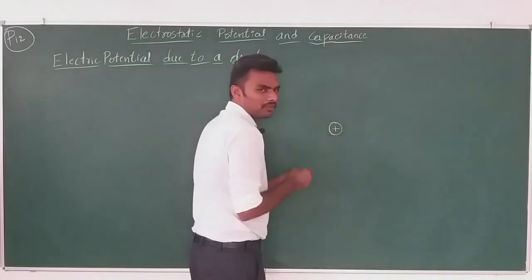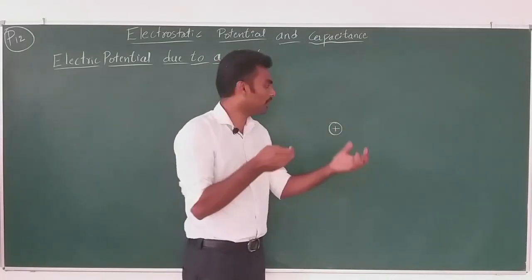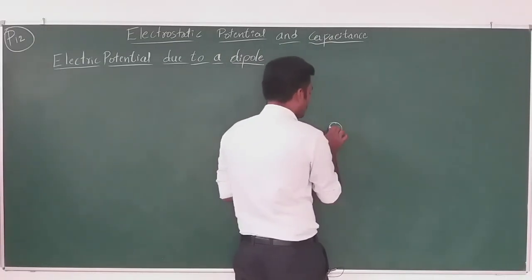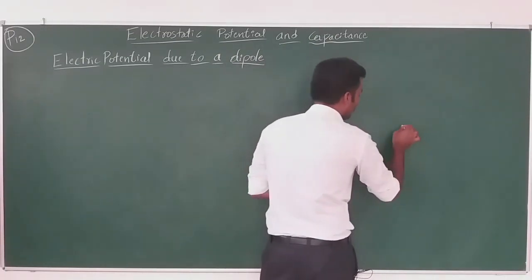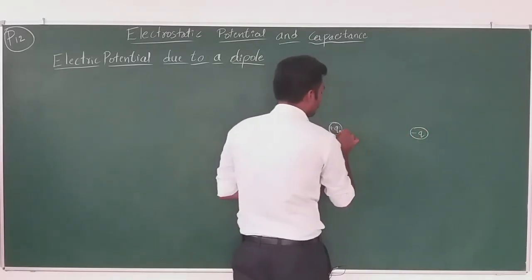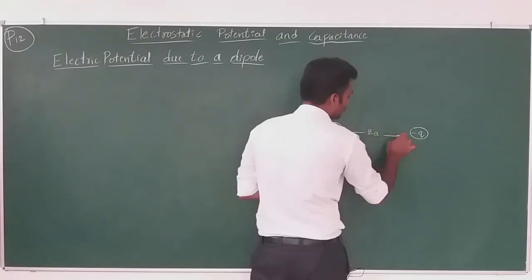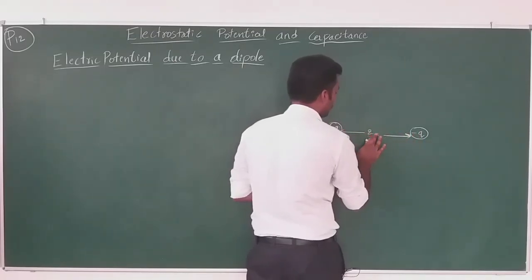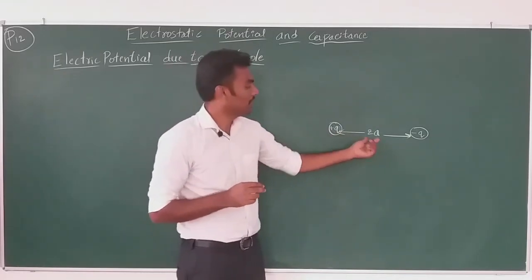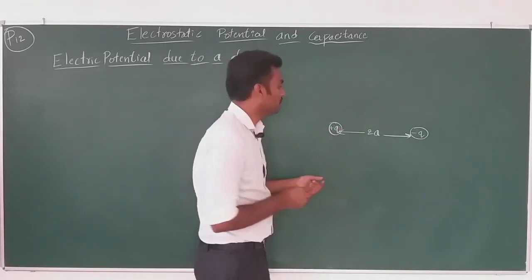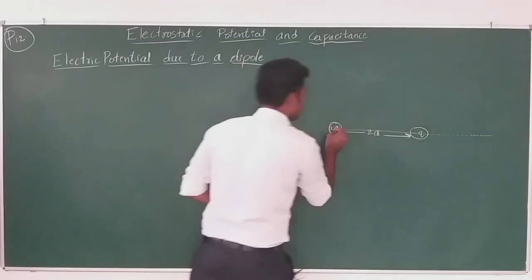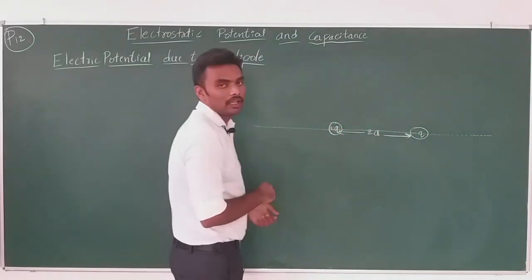Basically, what is a dipole? Two equal and opposite charges, plus q and minus q, separated by the distance 2a, if you can remember. So 2a is the distance of separation. This is the equatorial line.